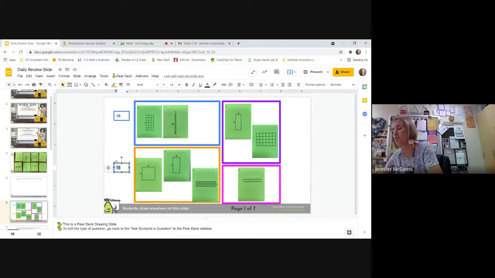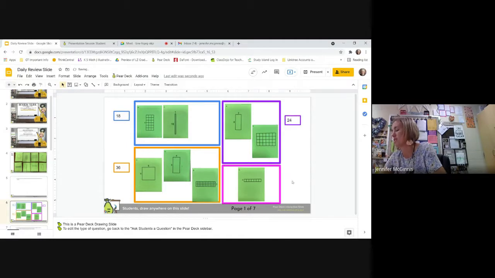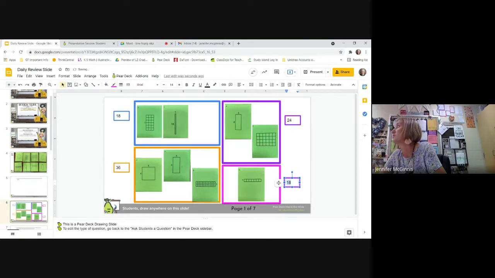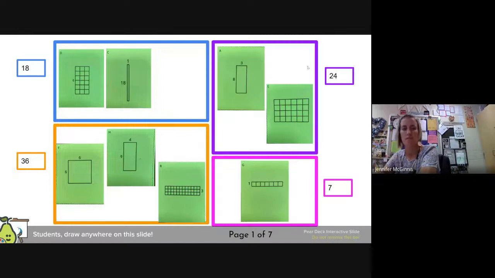Brentley, what's the number for orange? 36. What's the number for purple? Chloe? 24. And what's the number for pink? Gracie? 7.